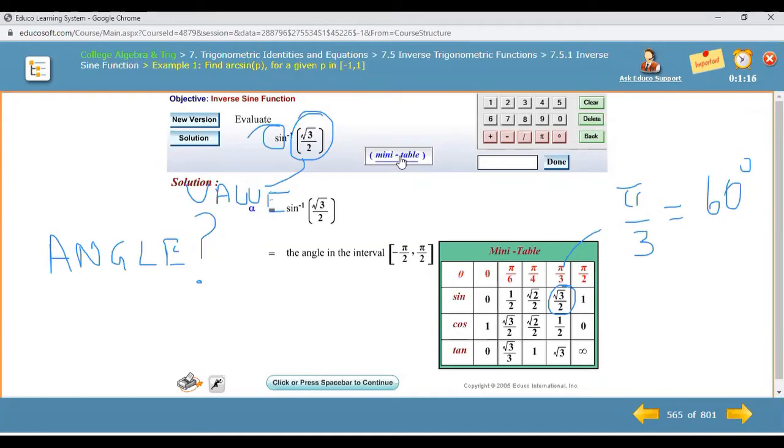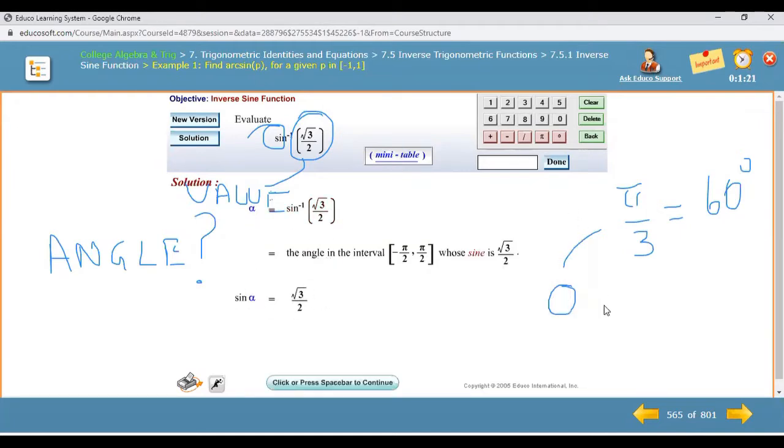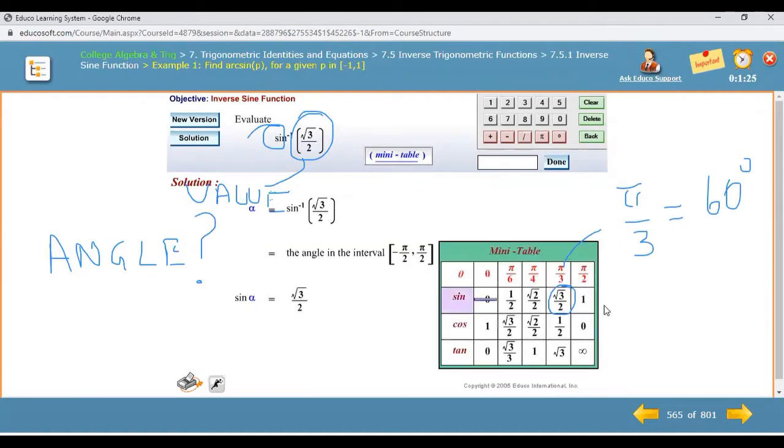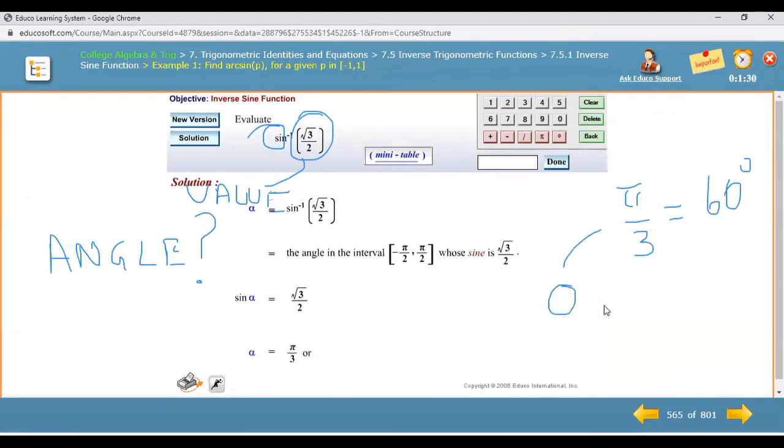That is the angle we are looking for. So sine alpha is radical 3 over 2, and alpha is pi over 3. That's the answer.